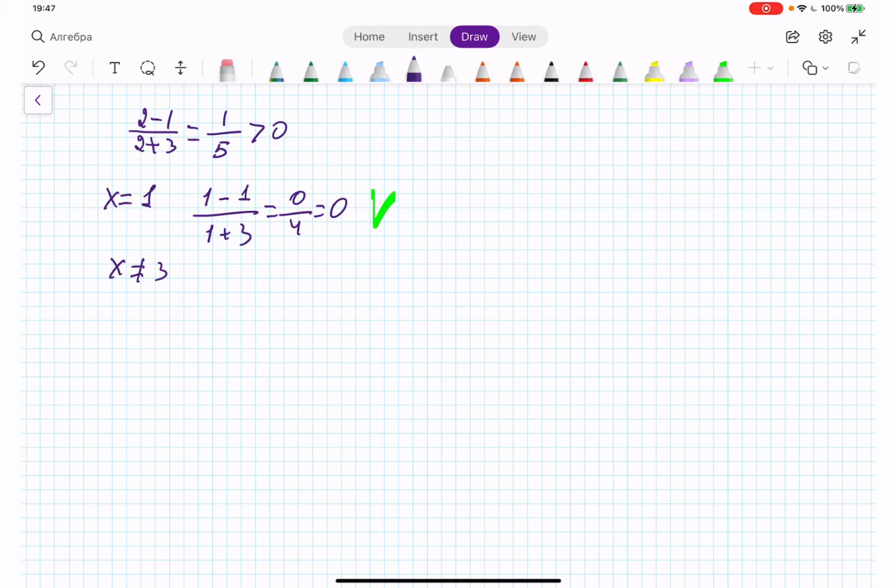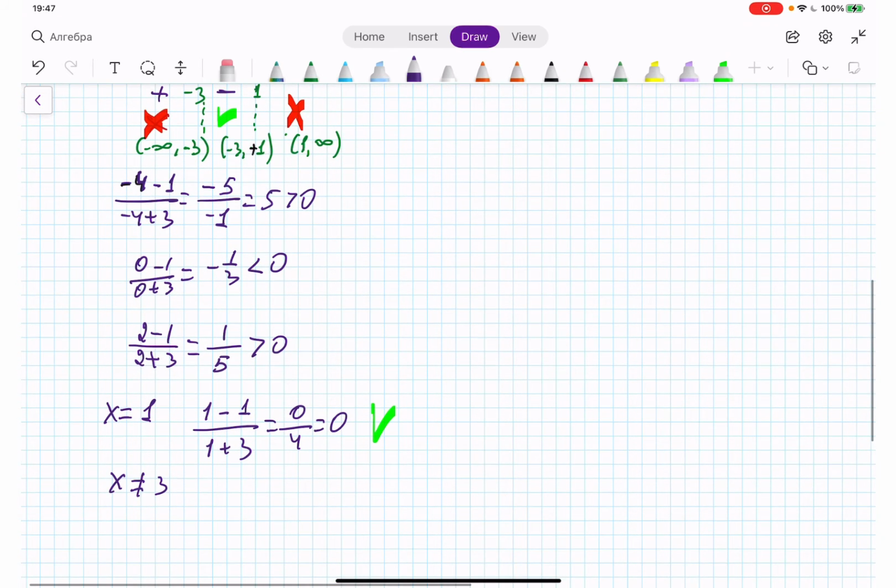So practically, the solution is going to be the interval between negative 3 and positive 1.